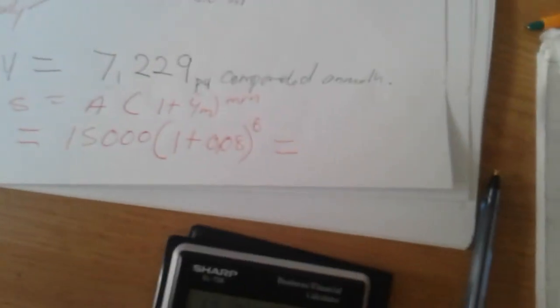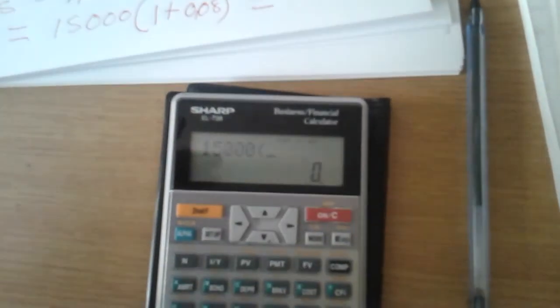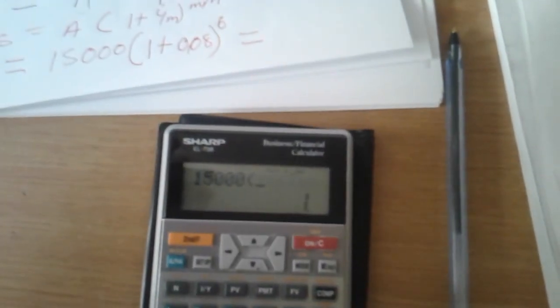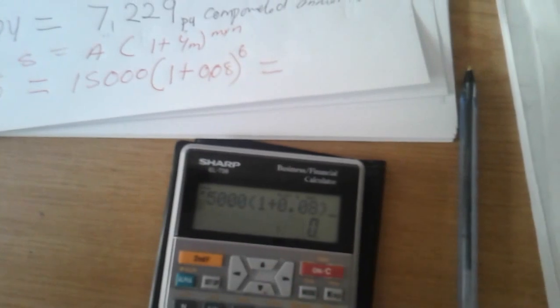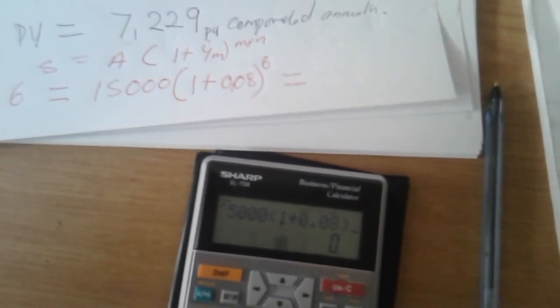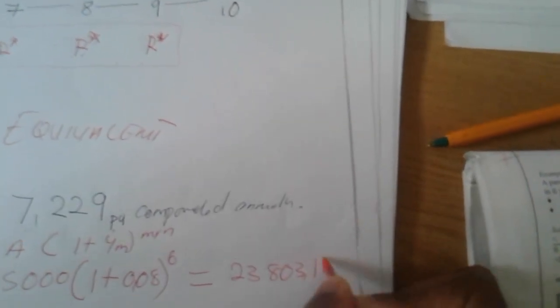Quickly, let's punch this. 15,000, open bracket, 1 plus 0.08, close bracket, second function to the power of 6. And you get 23,803.11.